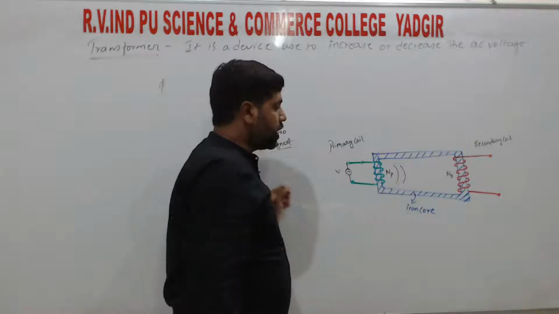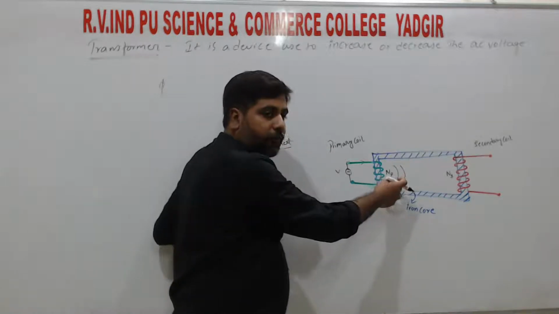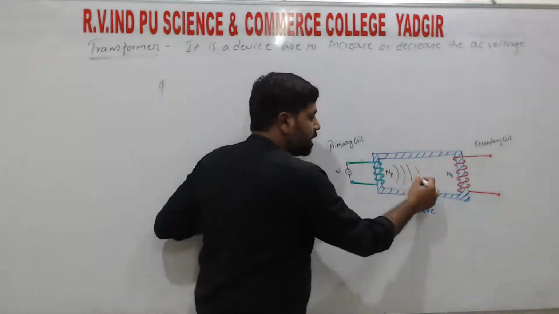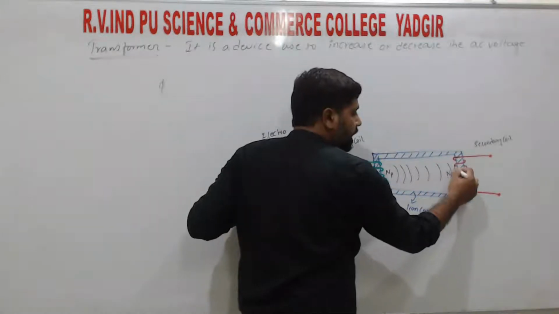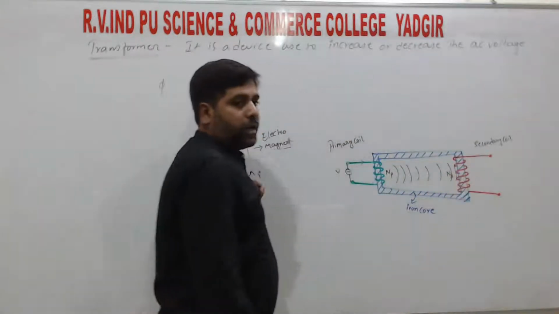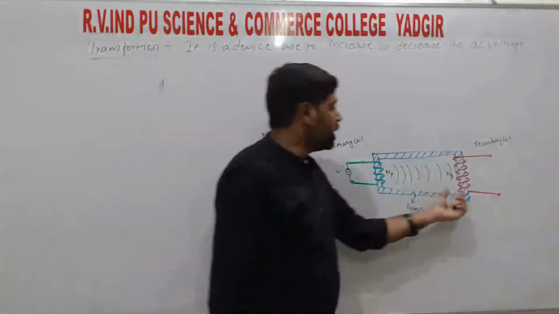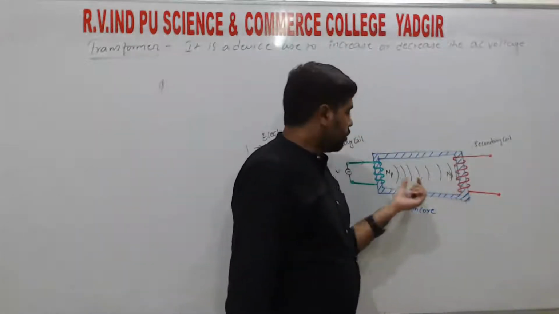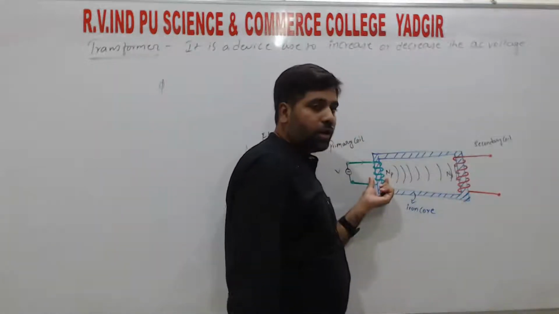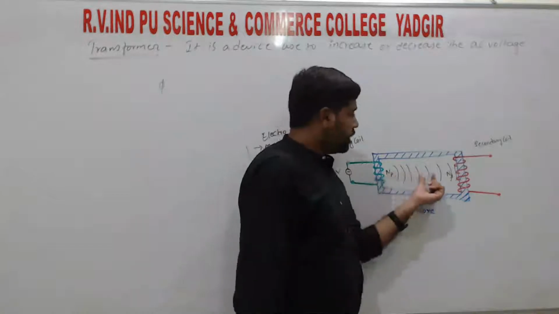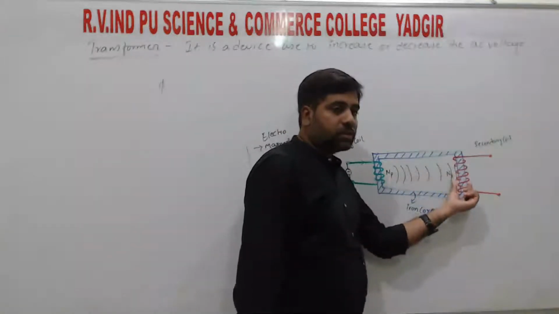Similar to electric flux, magnetic flux is produced. The magnetic flux produced in the primary coil links with the secondary coil.